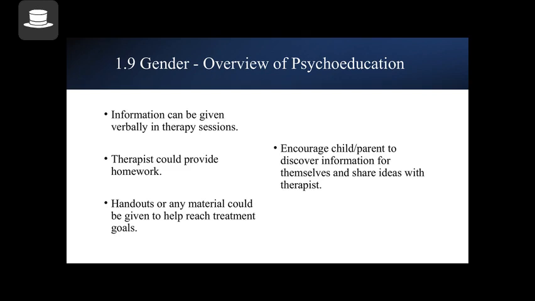The parent of the child could also simply contact the child's therapist and ask if it's a good idea or if it could be useful. And lastly, encouraging child and parent together to discover information and share those ideas with their therapist.